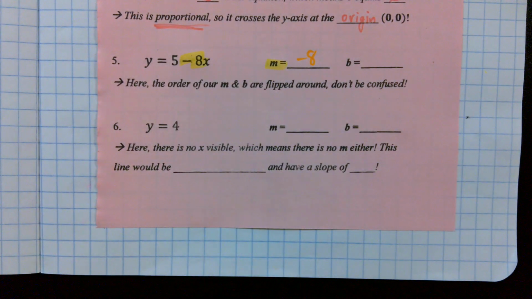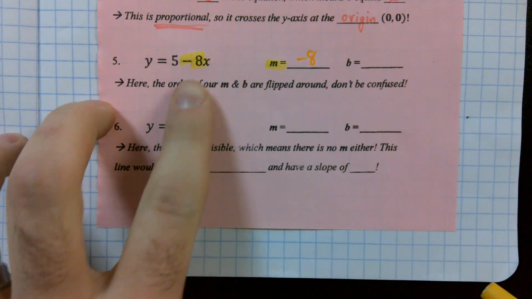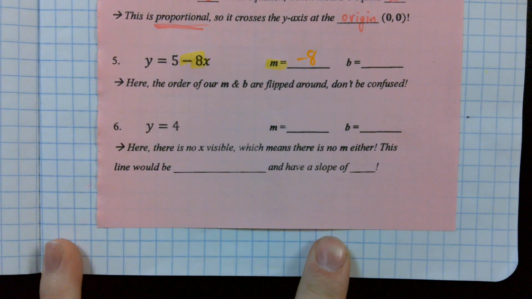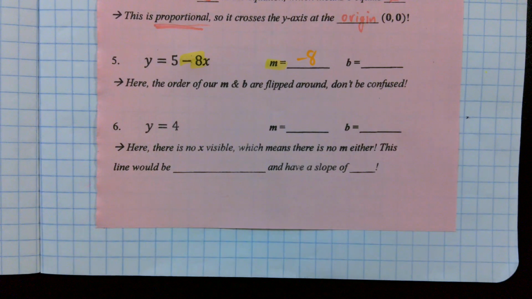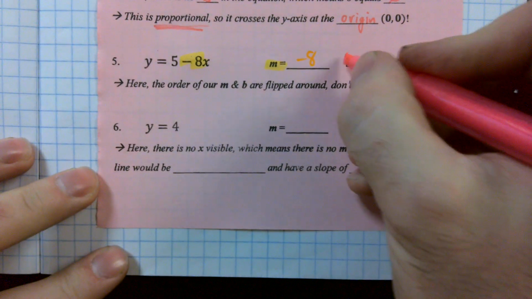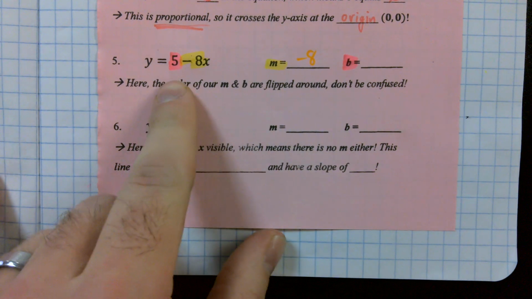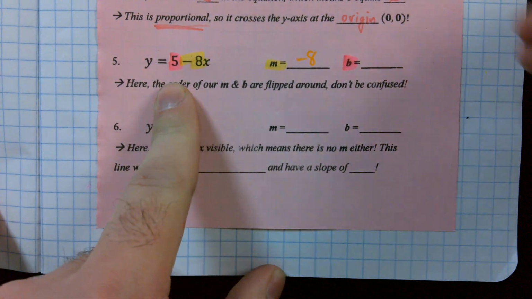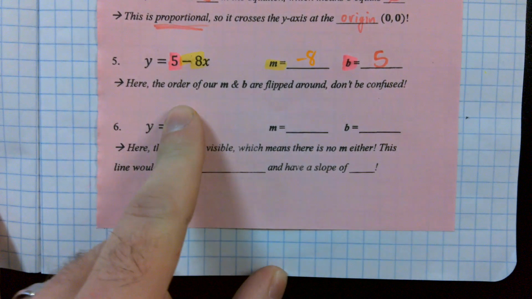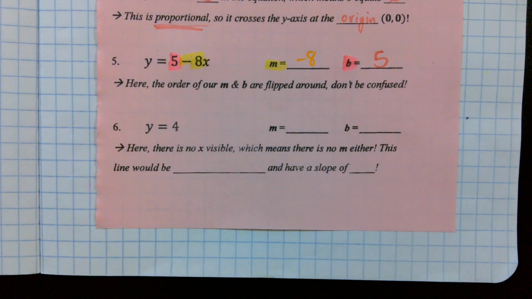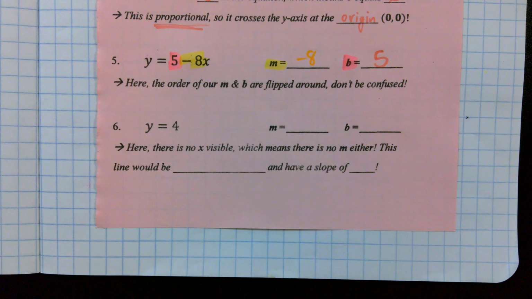Just because it's flipped around doesn't mean anything. It's still the same. My b comes in front, so what's my b going to equal? 5. Thank you. So just because the m and the b are swapped doesn't mean anything. We just got to make sure we're paying attention, right?